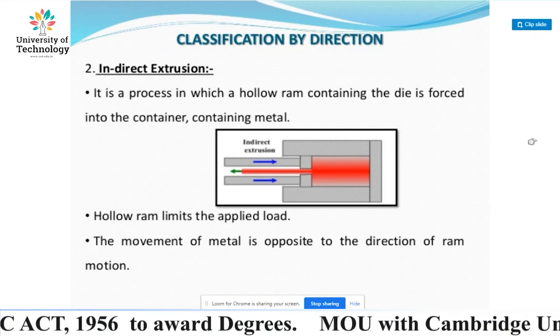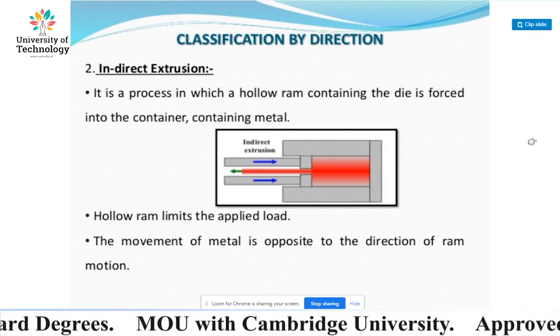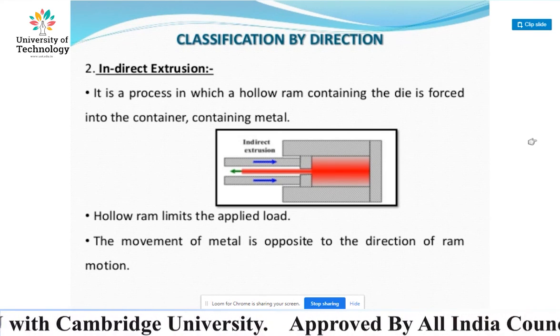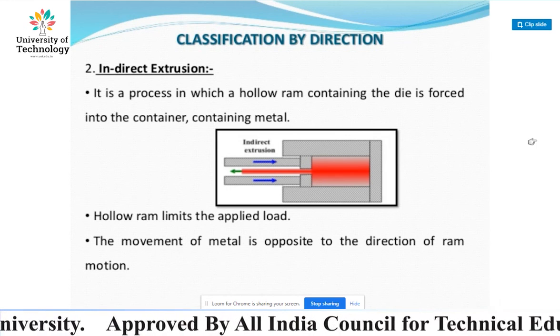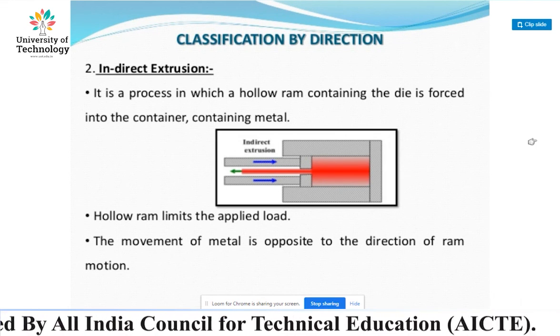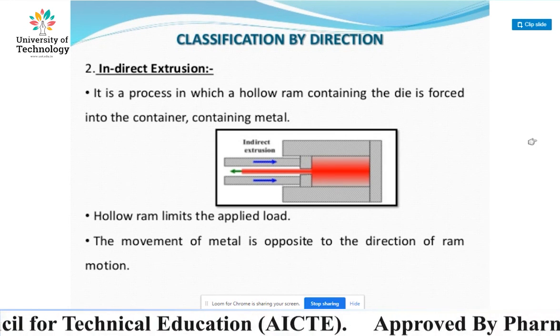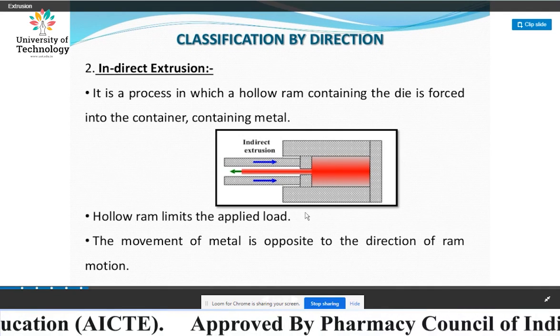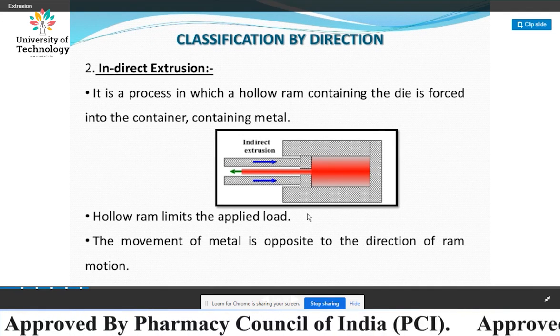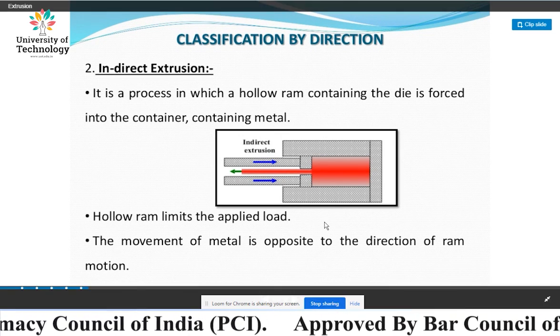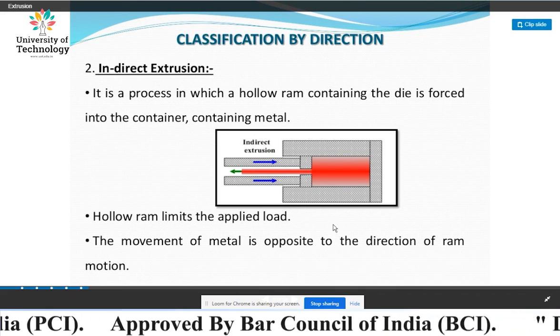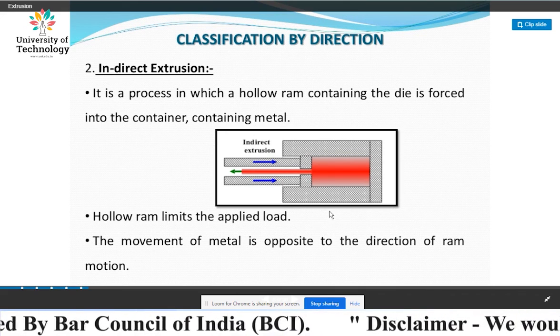Indirect extrusion process is a process in which a hollow ram containing the die is forced into the container containing metal, and the hollow ram limits the applied load. The movement of metal is opposite to the direction of the ram, as shown in the figure.